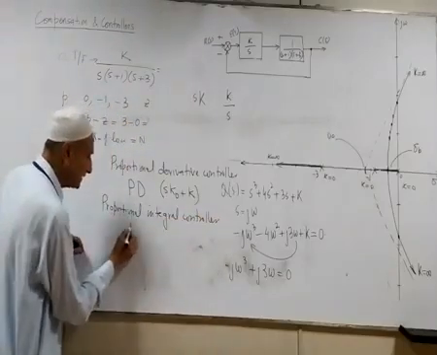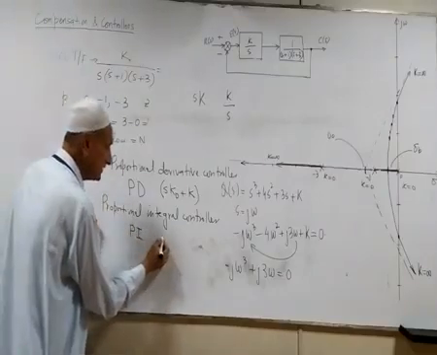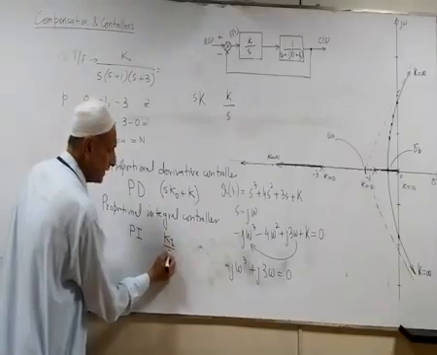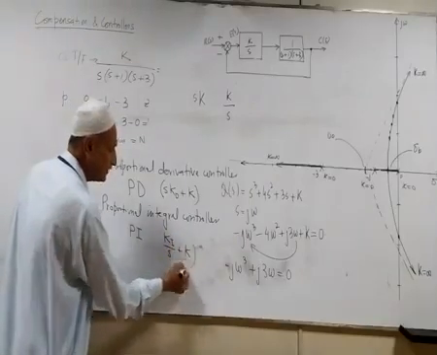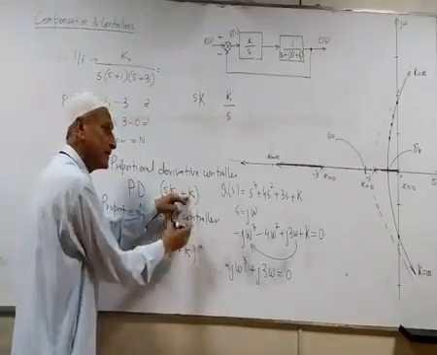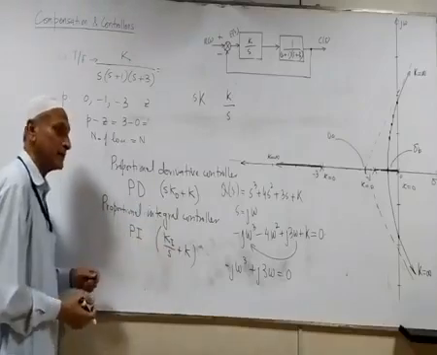The transfer function, this is PI designated, is K_I over S plus K. Now this means a proportional gain in both cases is incorporated, so that is why they are called proportional derivative and proportional integral controller.